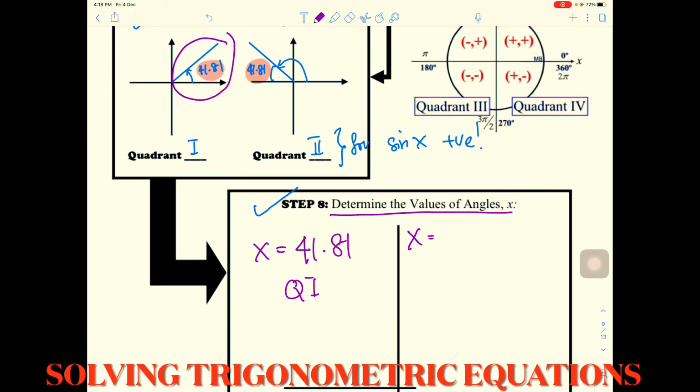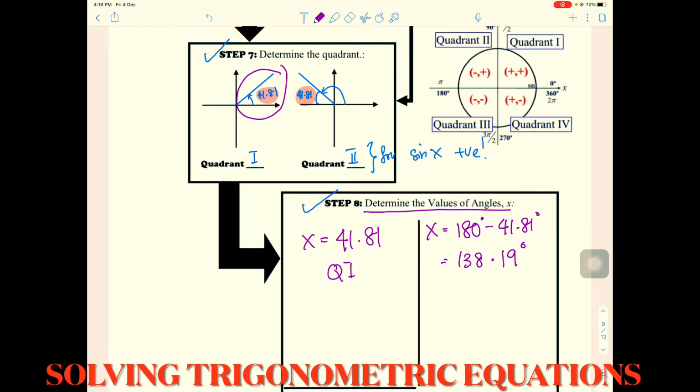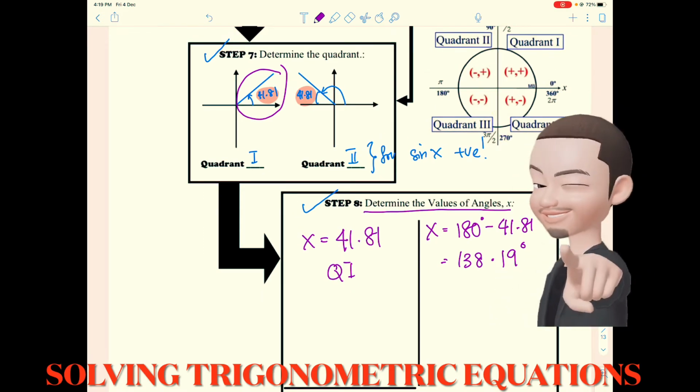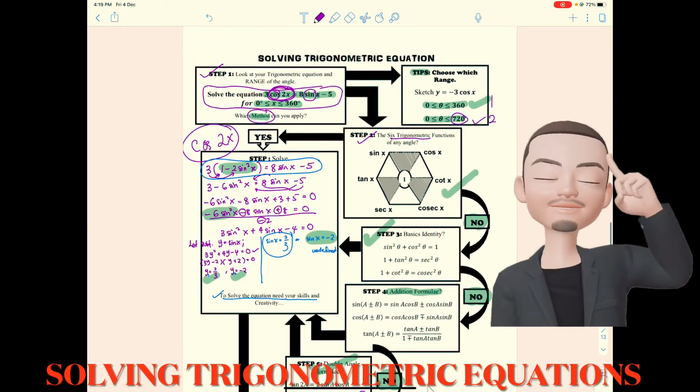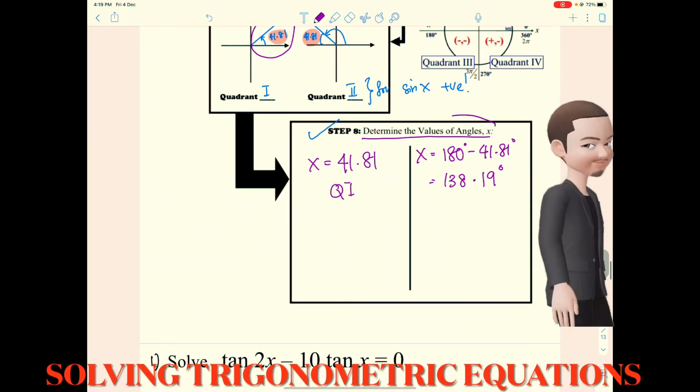The second answer for angle x is in quadrant 2, so 180 minus the reference angle, which equals 138.19. This is how we solve the trigonometric equation using the flowchart method. Step by step, follow the flow until you get the value of angle x.